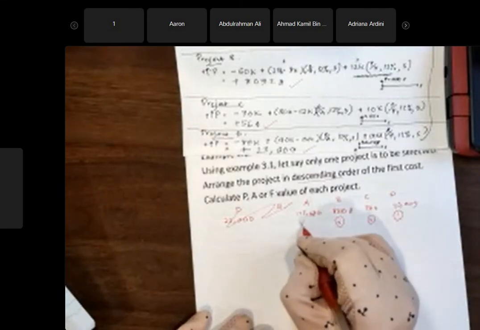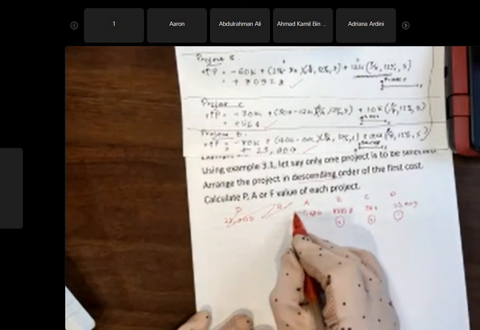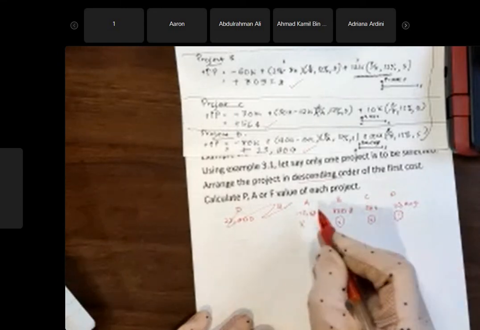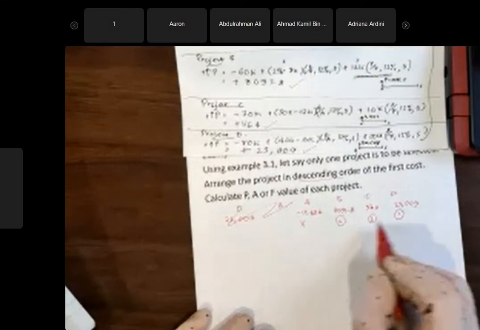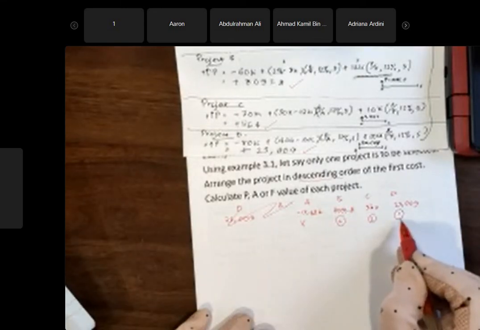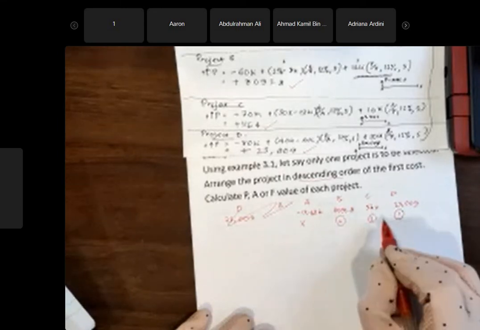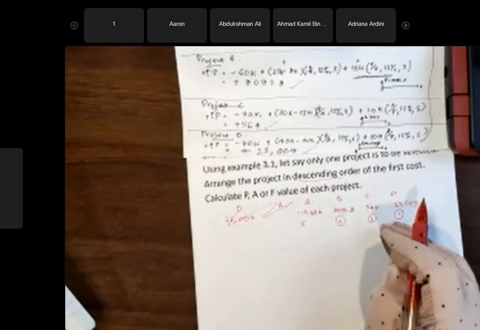This one, A, there is no need to choose, right? No need to choose because it is a loss, it is only cost. So you just ignore this one. Now we have 3 choices. Of course you will choose D, but you want to see whether to reject the others.